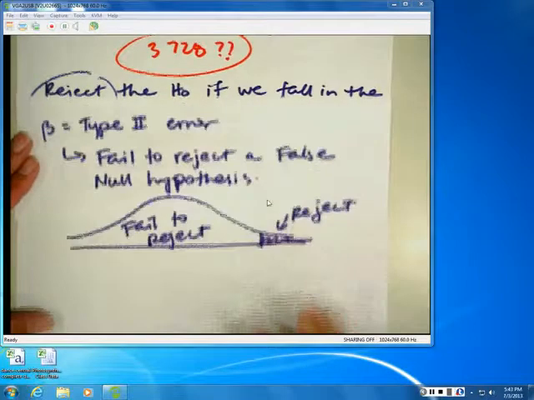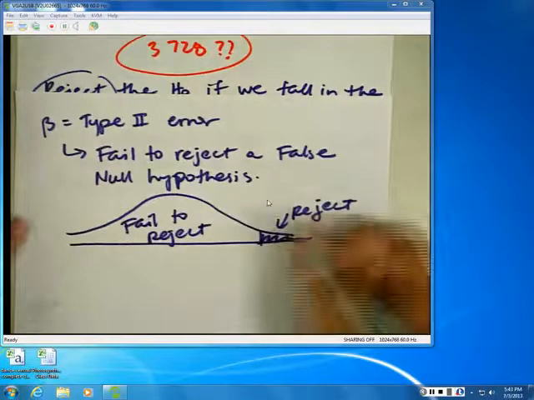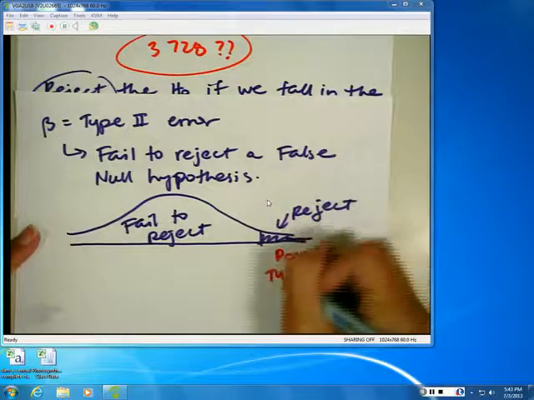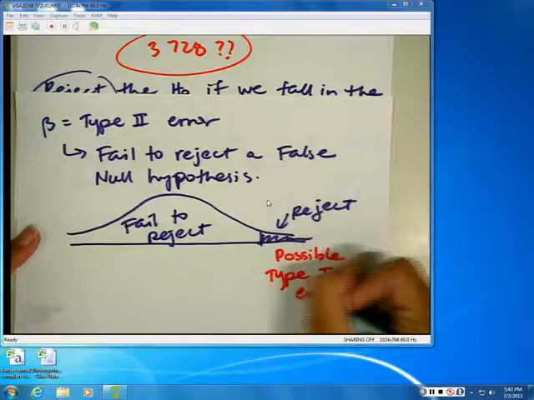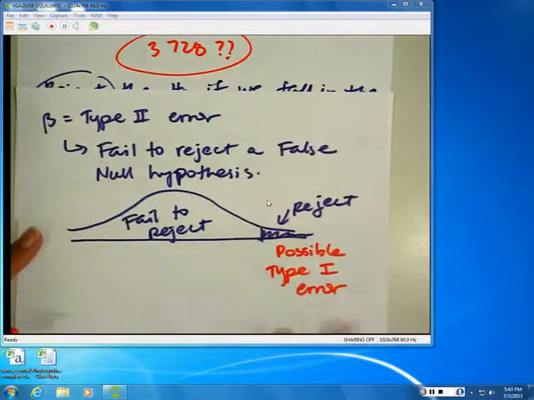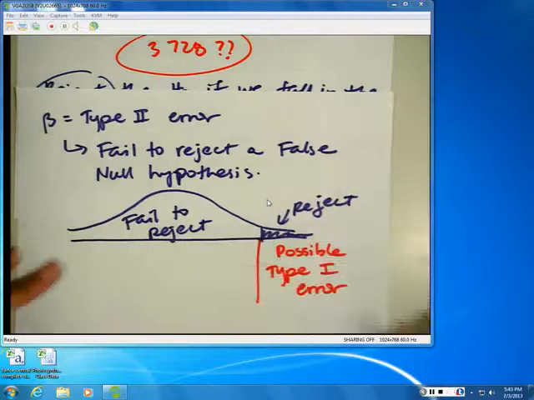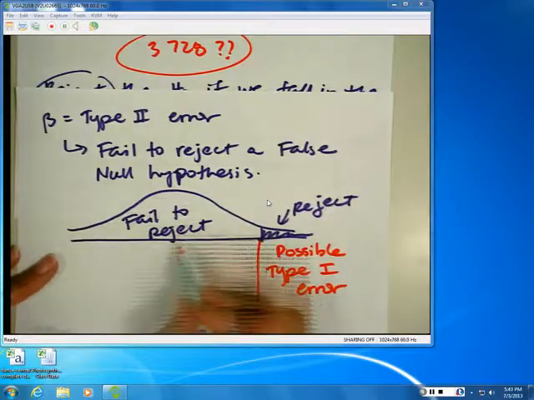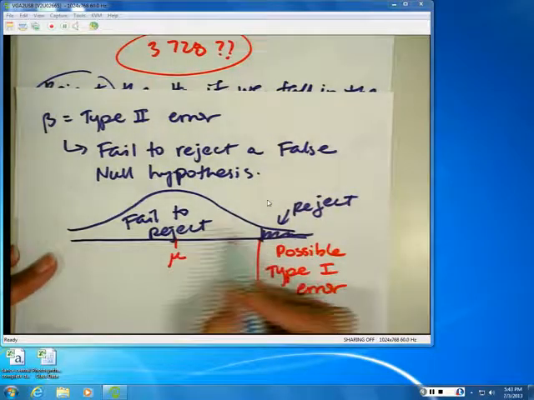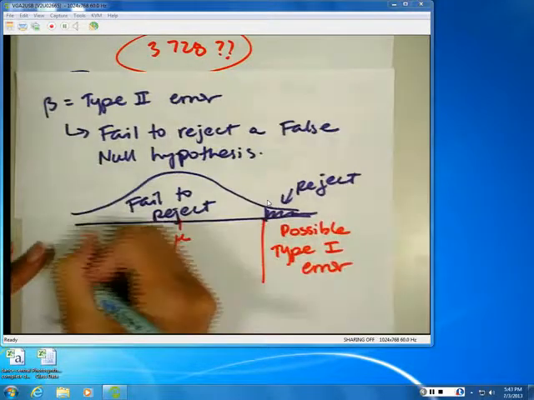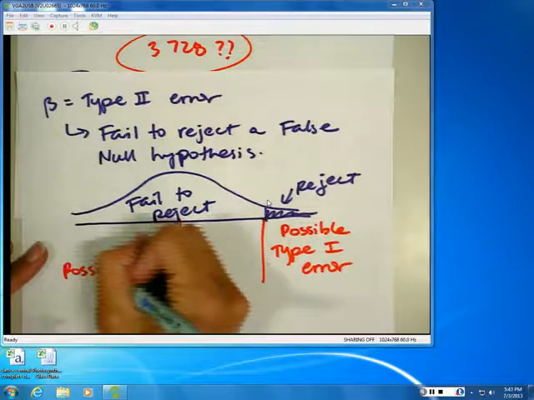If I fall into the rejection region, we have a possible type 1 error. If we fall into the fail to reject region, so here's our mu, and the 3728 was close to mu, then we would have a possible type 2 error.